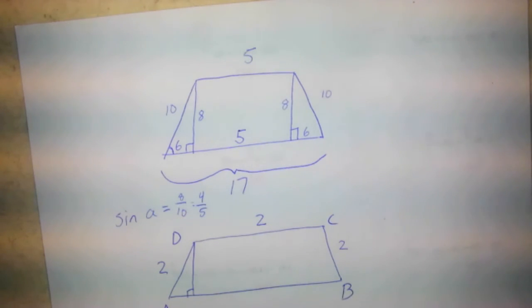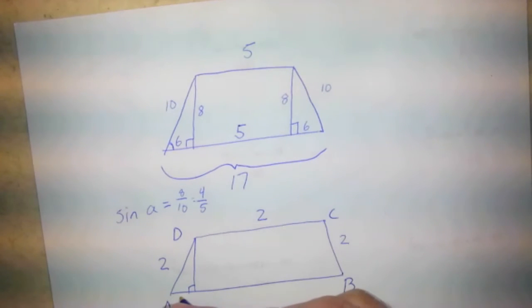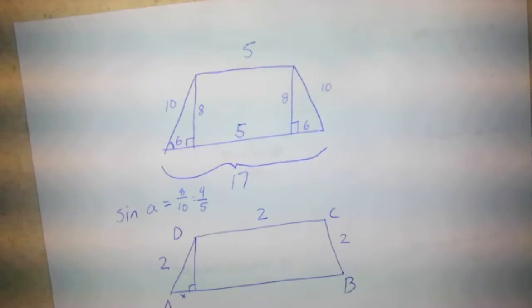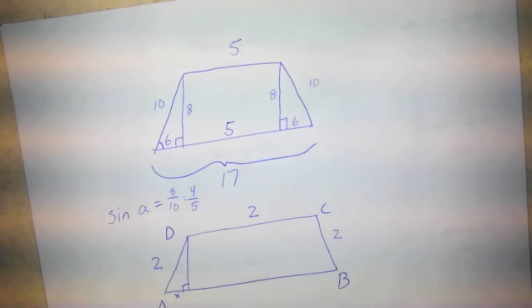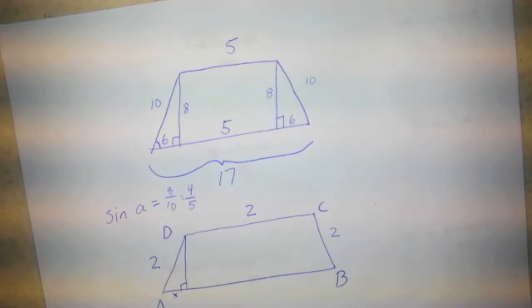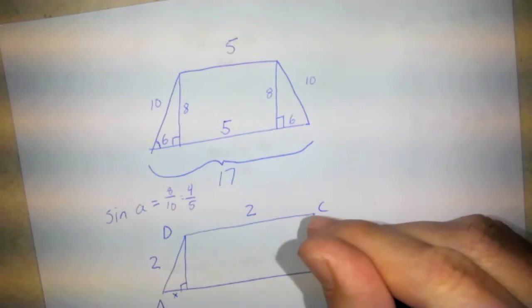A cosine is the ratio of the adjacent side, which I put a little x on, to the hypotenuse. So cosine of A equals 1 over 2 equals x over 2. And without breaking a sweat, we can realize that x has to equal 1.